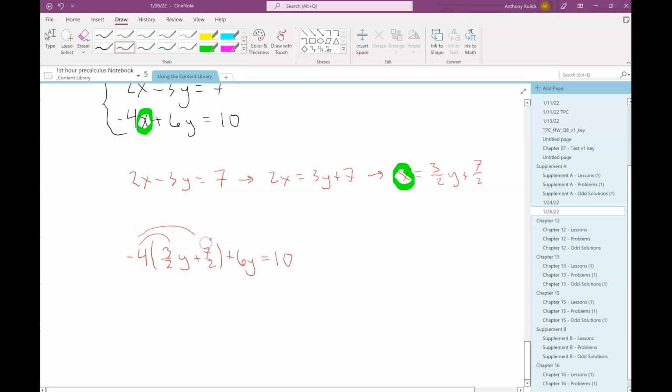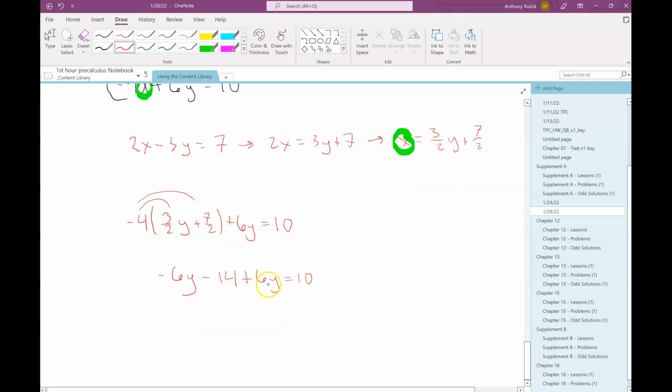I'll go ahead and distribute things through. So negative 4 times 3 is negative 12, and then when I divide by 2, I get negative 6. And negative 4 times 7 is negative 28, and then when I divide by 2, I get negative 14. And now when I combine like terms, negative 6y and positive 6y just cancel out.